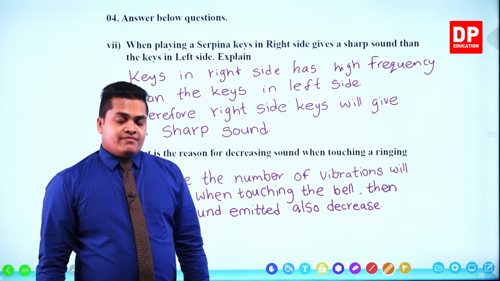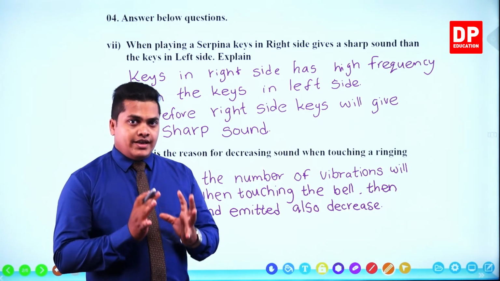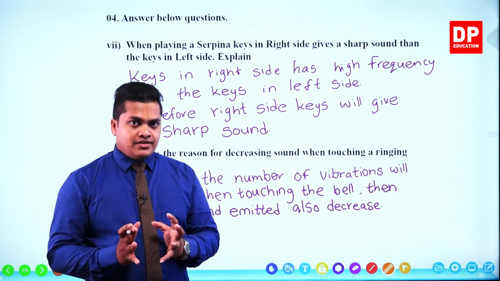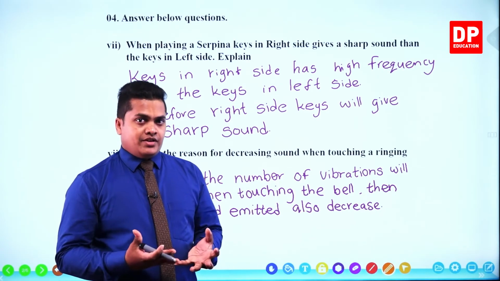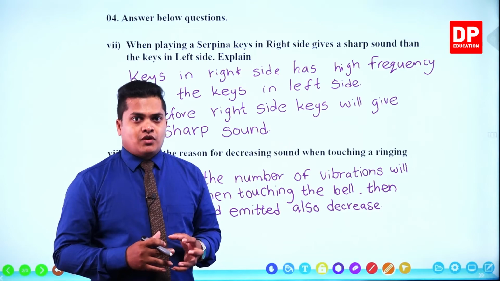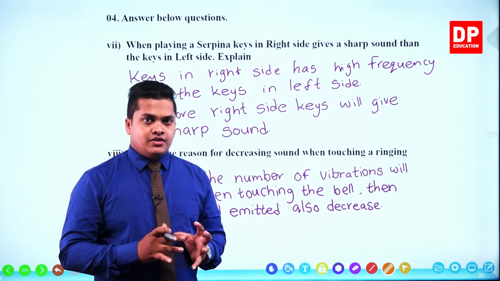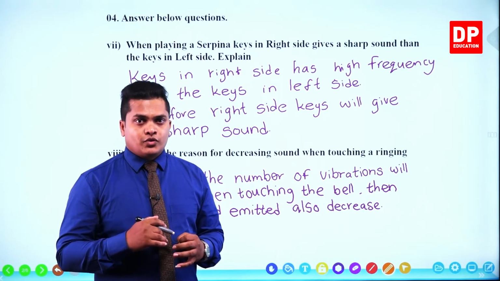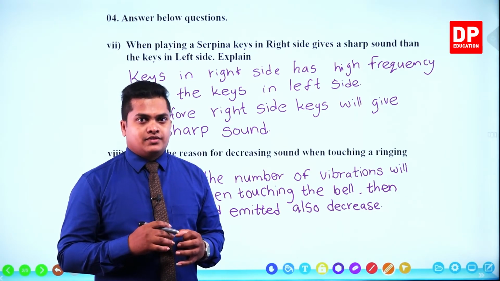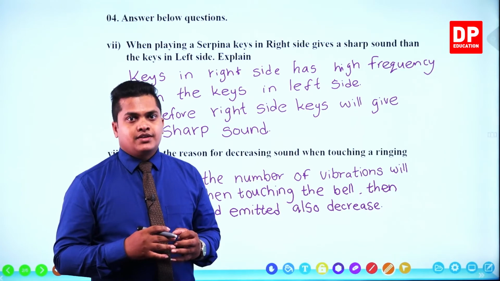So always remember, sound is an energy which is going to emit due to vibrations of materials. So if the vibrations are going to be reduced, then the sound is also going to be decreased. So that's the reason in this case.